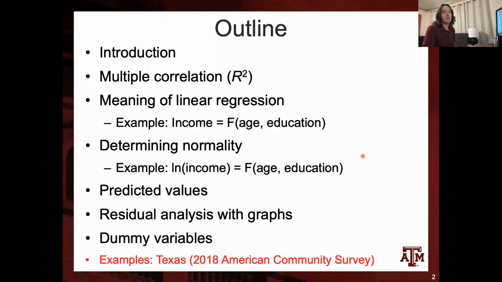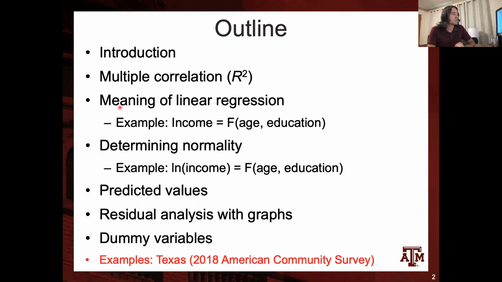This lecture on ordinary least squares regression, I organized this way: giving an introduction, and then explaining what the multiple correlation, the R square, is, which is usually reported and widely interpreted in linear regressions.